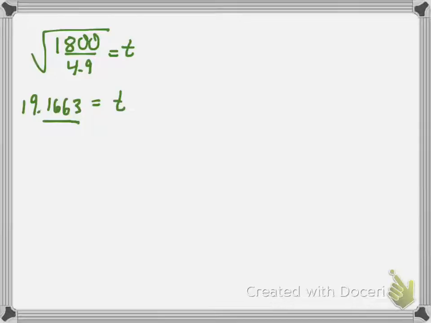So to go further with this problem, the question might say, what is the velocity when it hits the ground? So if you go back to the equation that we started with, A equals negative 9.8.